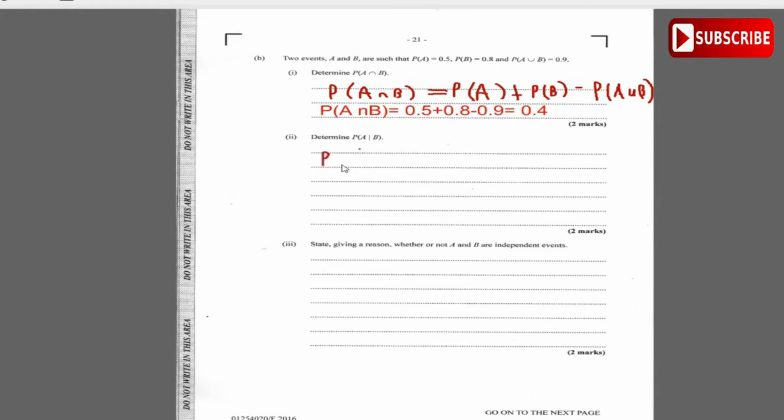Now they want the probability of A given B. The probability of A given B is equal to the probability of A intersect B over the probability of B. That's conditional probability.